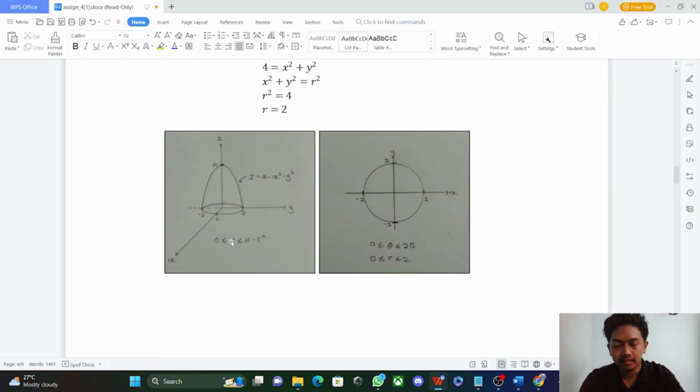And this is the 3D graph and the 2D graph in the xy plane. As we can see here, for the 3D graph, z is 4, while x and y is 2.